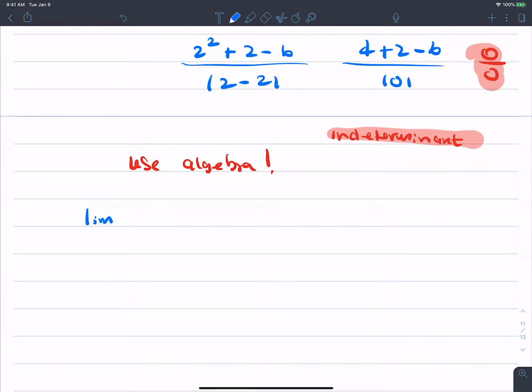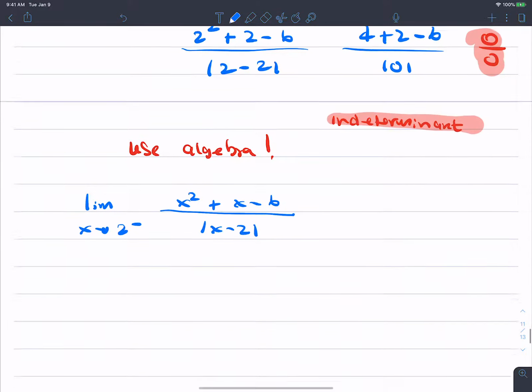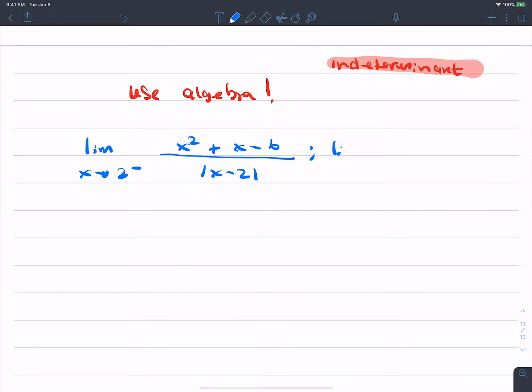The limit as x goes to 2 from the left of the function x squared plus x minus 6 over the absolute value of x minus 2, and the limit as x goes to 2 from the right of x squared plus x minus 6 over the absolute value of x minus 2. All right, we got 2 questions for the price of 1.